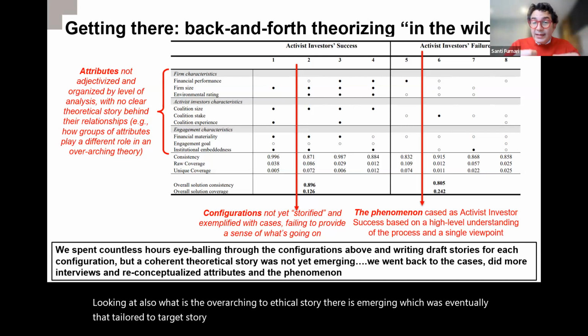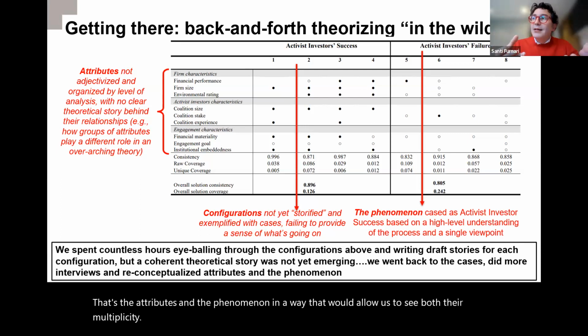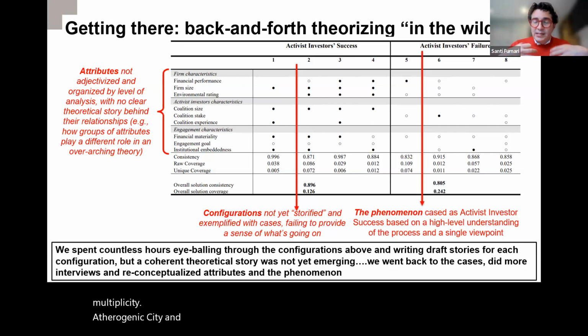And we went back to the cases, did more interviews, and also reconceptualized the attributes and the phenomenon in a way that would allow us to see both the multiplicity, heterogeneity, and complexity of the explanation.